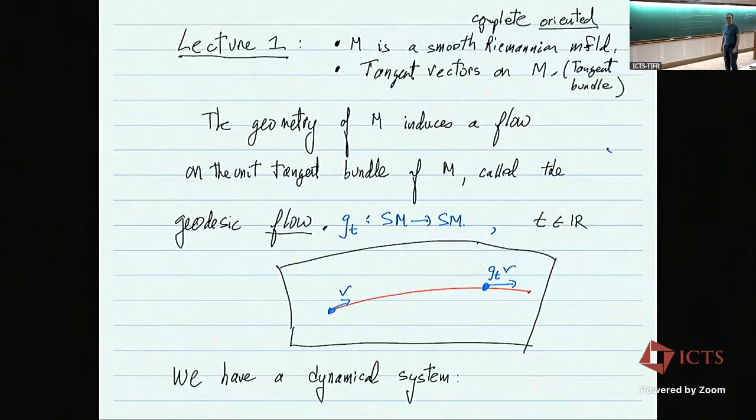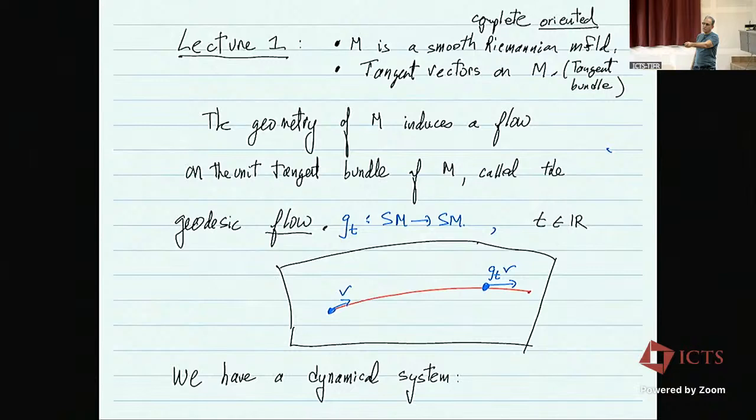Okay, so I want to start with three questions, and this is about the geodesic flow. Let me say it in a more abstract way. Suppose we have a smooth Riemannian manifold M, and I want the unit tangent vectors on M. The geometry on M induces a flow on the unit tangent bundle called the geodesic flow.